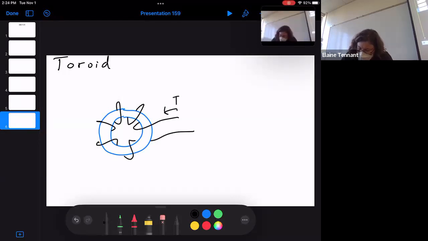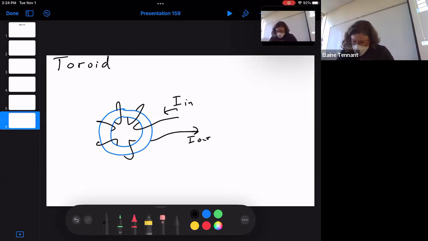So current in, current out. Okay, can you kind of picture this? It's just like the electromagnet you made in lab last week, but then you curled it in a circle.